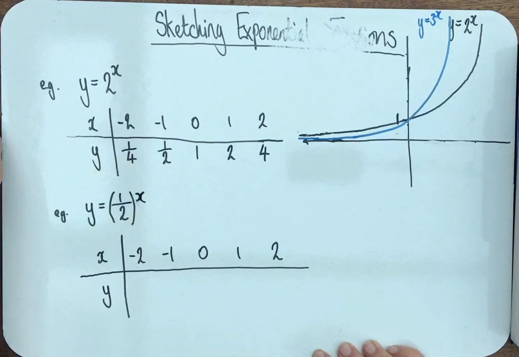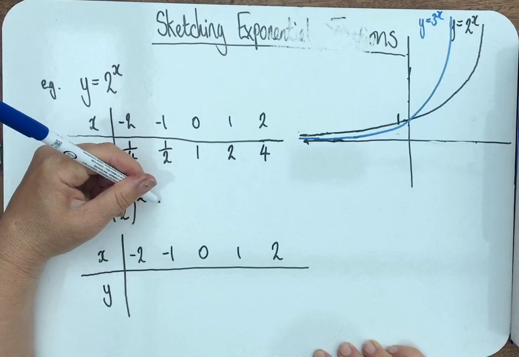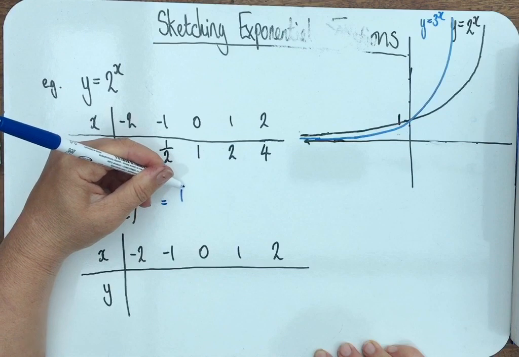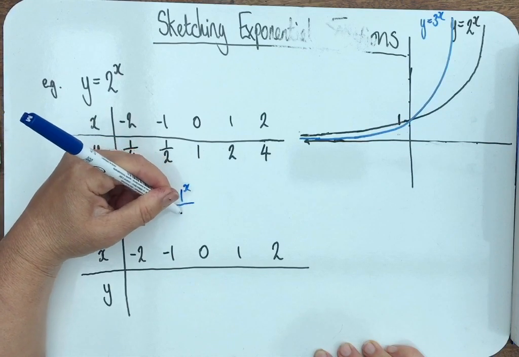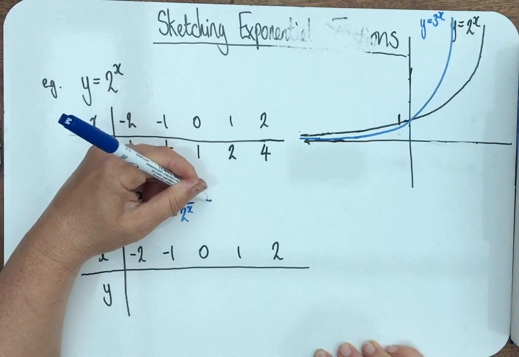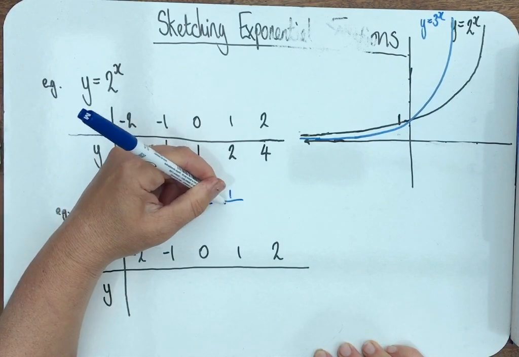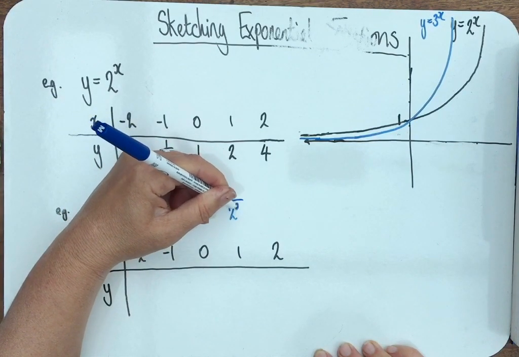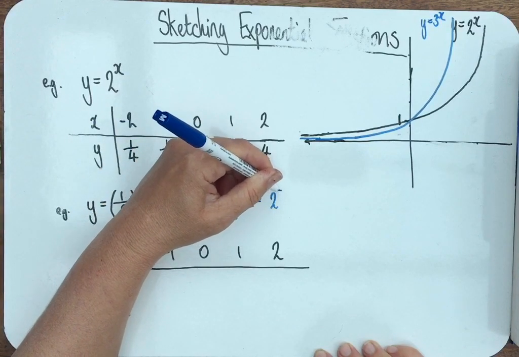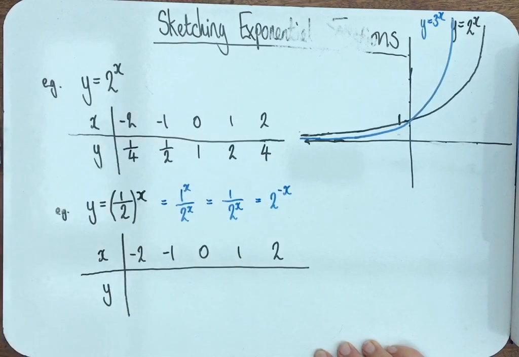So I could rewrite this using indices. You can split a power over a fraction. 1 to any power is 1. And so that is equal to 2 to the power of minus x.